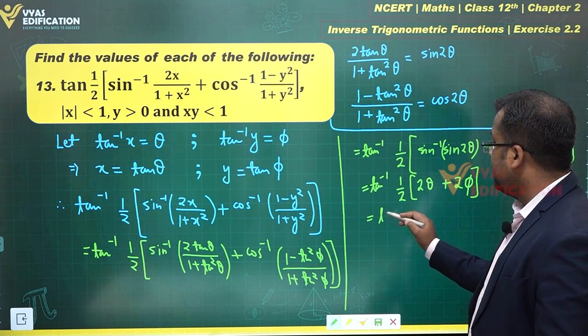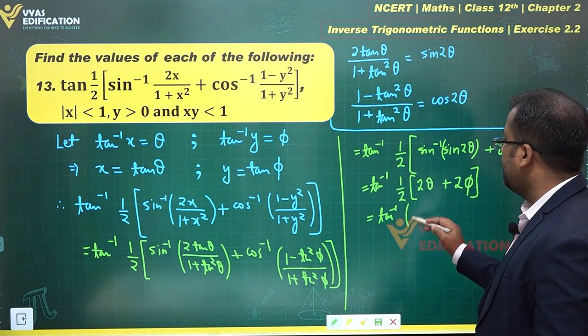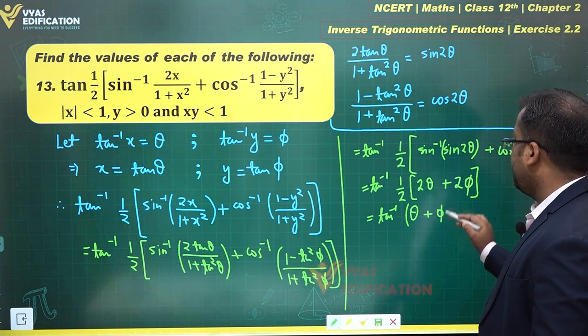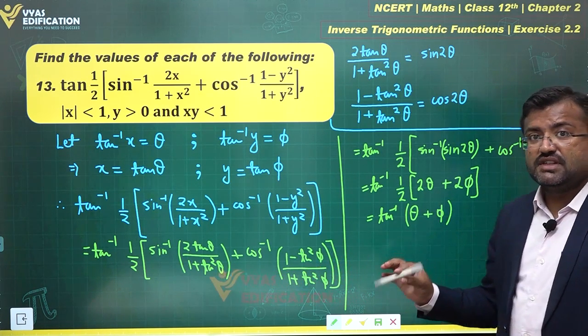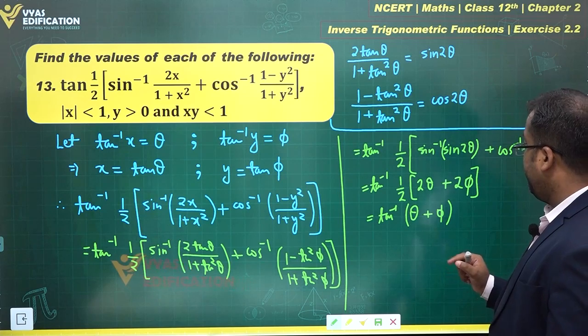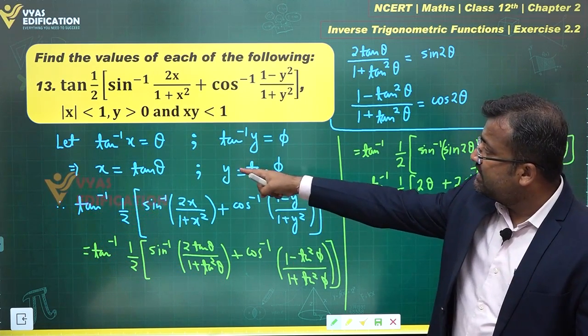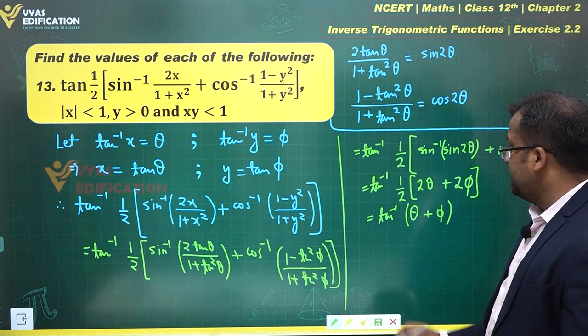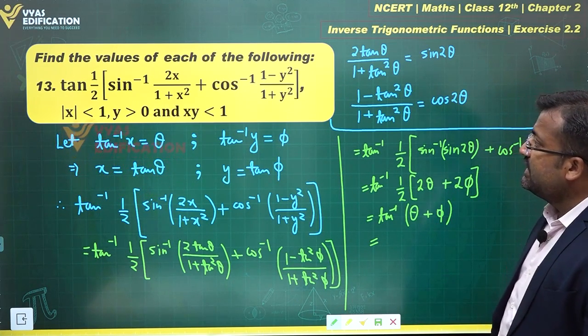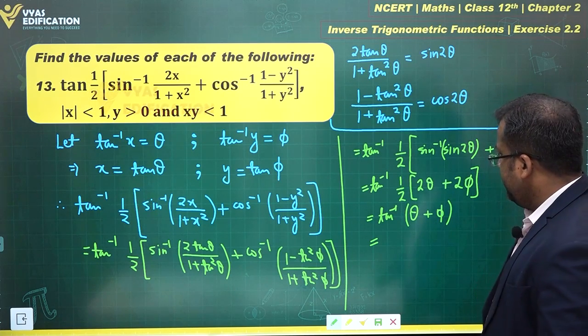What next? Let's multiply this half inside now. This becomes theta plus phi, so tan inverse of theta plus phi. Now what is theta? Observe, theta is tan inverse x, and we can substitute that.